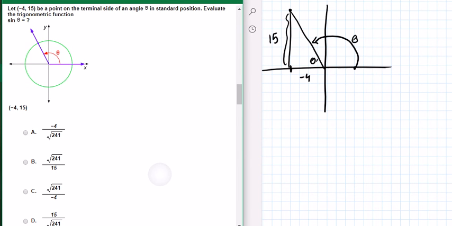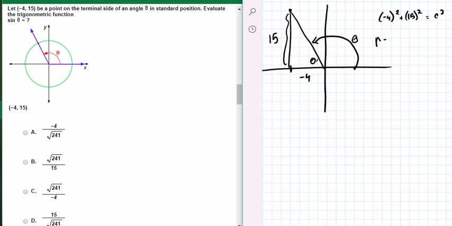First step again, I need to use my Pythagorean theorem and do negative 4 squared plus 15 squared equals c squared. Now, if you looked in the book, you should have seen the shortcut of r equals the square root of x squared plus y squared. So we are doing the same thing here by using the Pythagorean theorem every time, but you can straightforwardly square each of the x and y, add them together, and then take the square root after that.